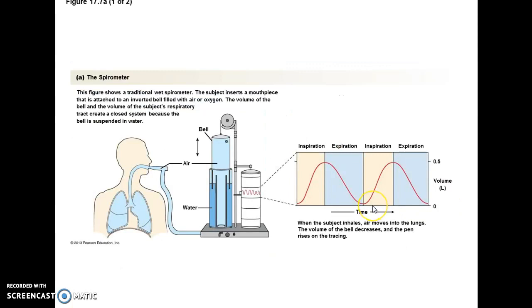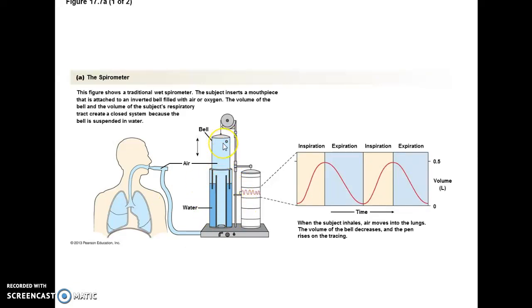So going to something else, the spirometer, like I was explaining in lab. The spirometer basically works as you breathe in and out: it creates a bell that goes up and down in a column of water, translating the milliliters of air into a displacement of this bell in water.